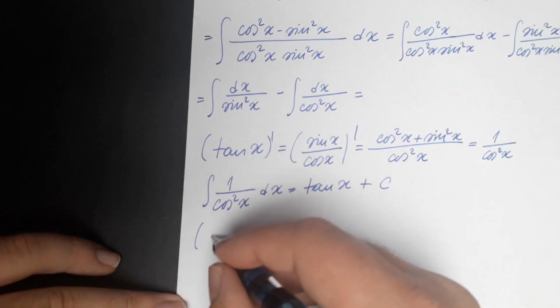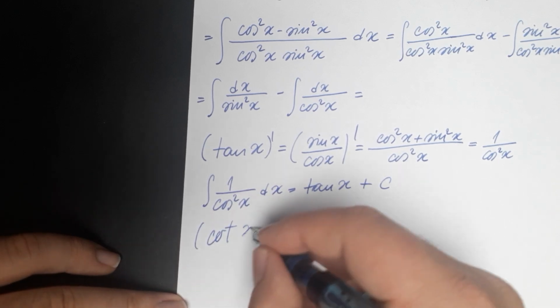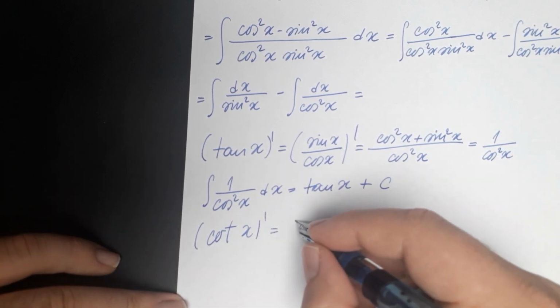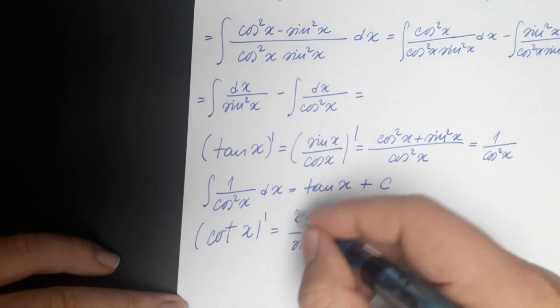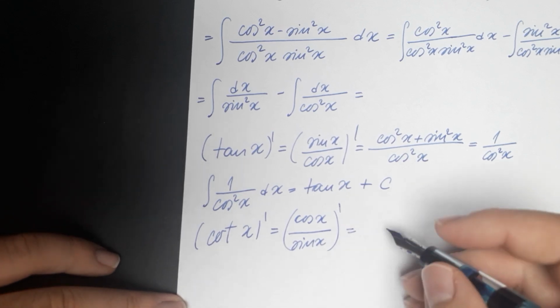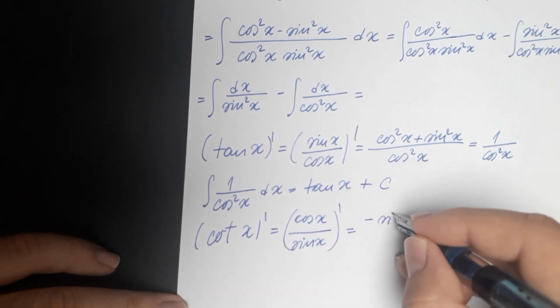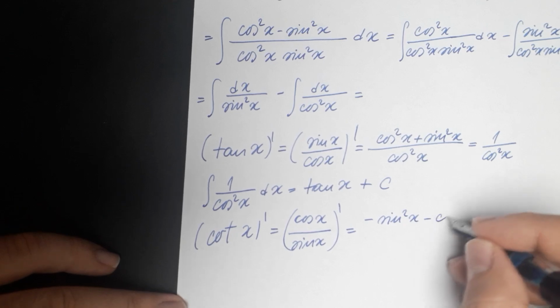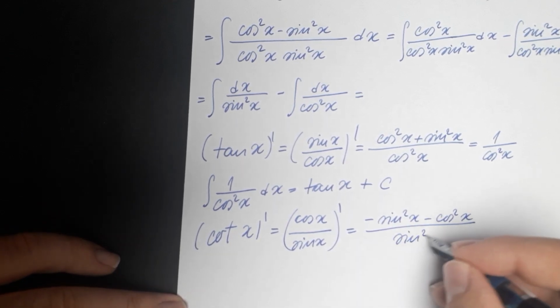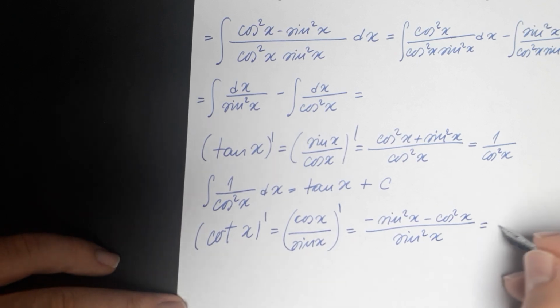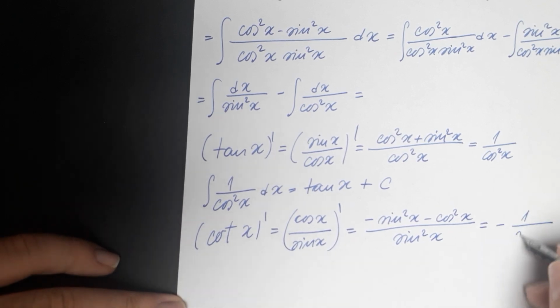Now, for the function cot of x, that is cosine of x divided by sine of x, and the derivative of that would make negative sine squared of x minus cosine squared of x divided by sine squared of x, which is equal to negative 1 divided by sine squared of x.